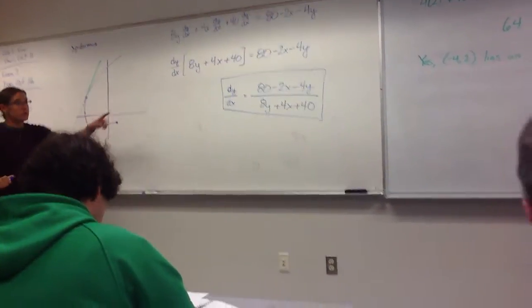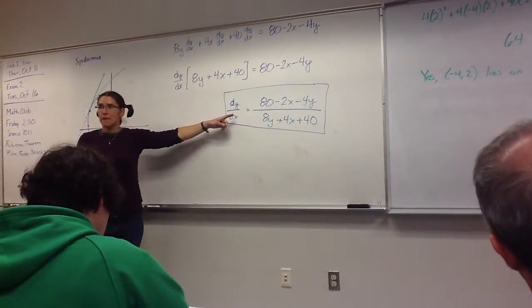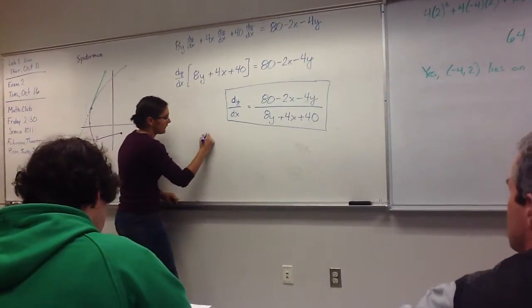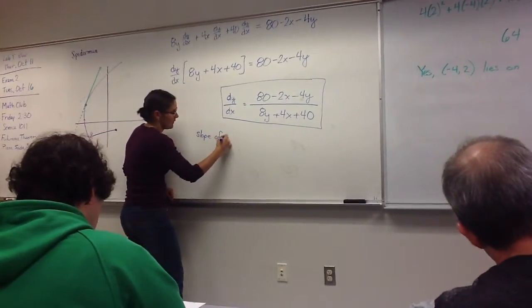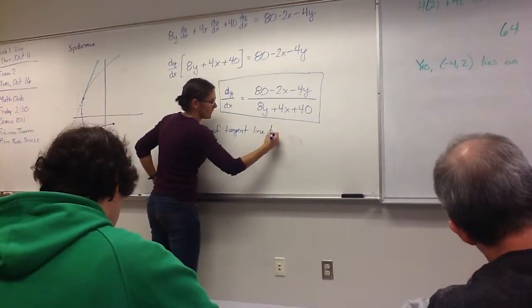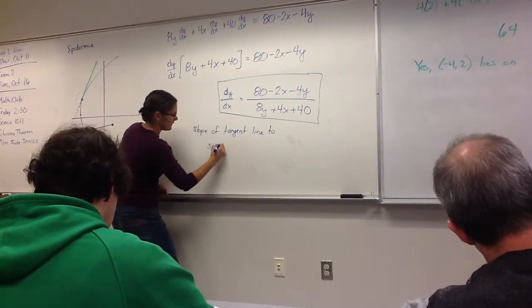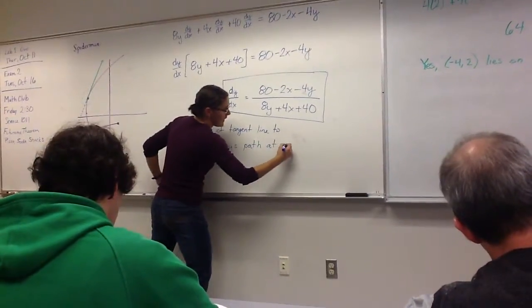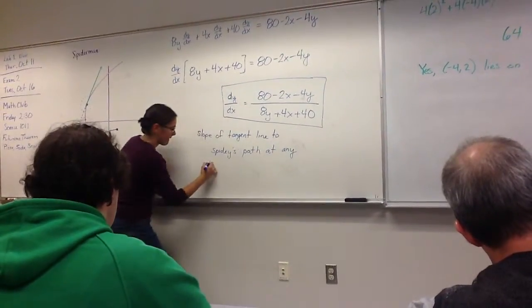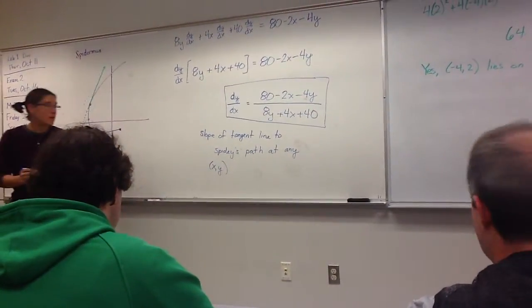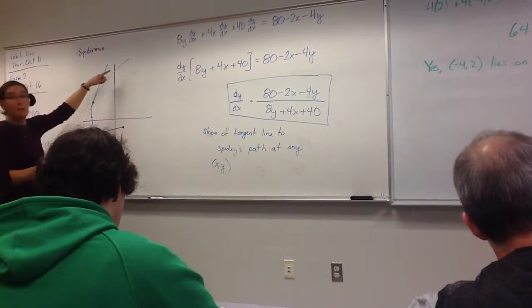And so what we've just come up with right here is a description of the slope of the tangent line to Spidey's path at any xy ordered pair point that lies on his path.